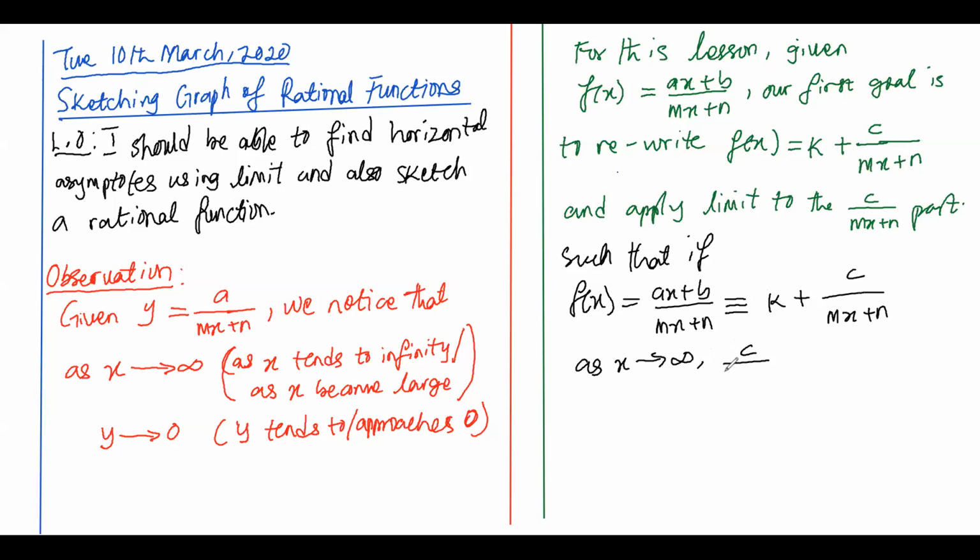C divided by mx plus n tends to 0, which implies that f of x tends to k plus 0, and that is k. So y equals k is the horizontal asymptote.